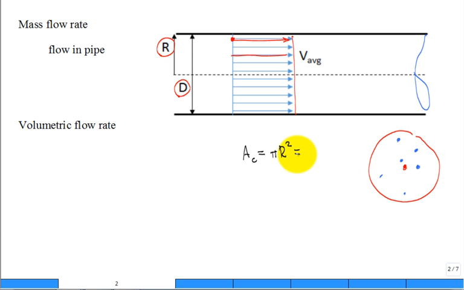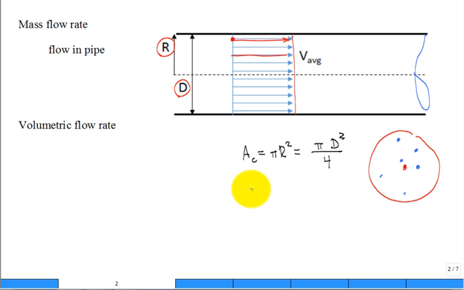Give me a 10-inch pipe, it's nominal diameter. Not precisely, they have charts that say exactly how big a 2-inch pipe is, but it's approximately that. So if I put it in terms of diameter squared, it would be pi d squared over 4. I find I use pi d squared over 4 much more often than pi r squared. Okay, so that's that cross-sectional area.